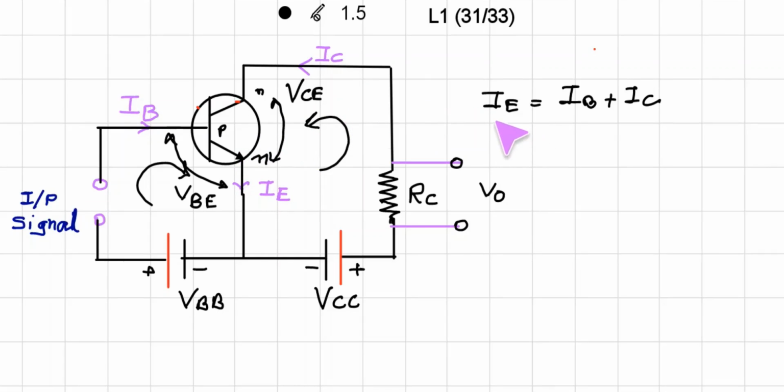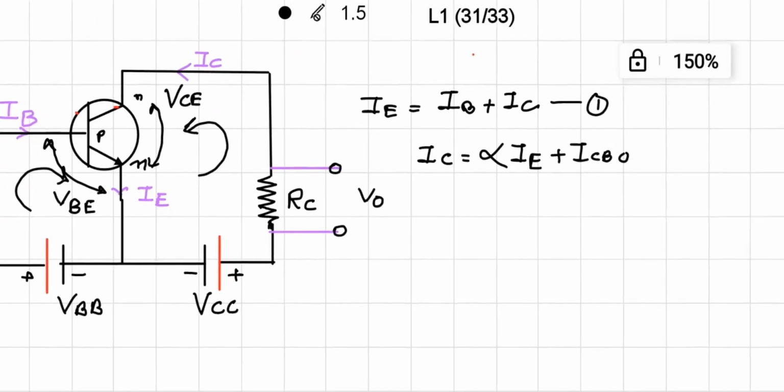So we already know that IE is equal to IB plus IC, where IB is input current and IC is output current. So let us consider this as equation 1. And we know that IC is equal to alpha times IE plus ICBO.